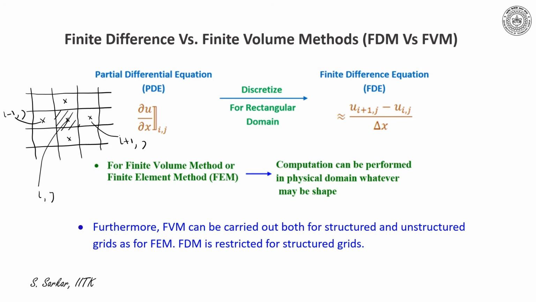Similarly, the center just on top of the middle one would be represented as i, j plus 1, and the bottom one as i, j minus 1. So these i plus 1 j, i minus 1 j are called the indices of the cell.